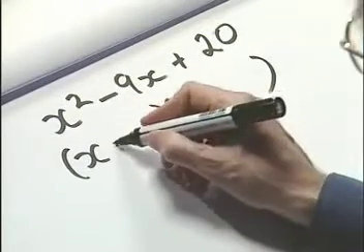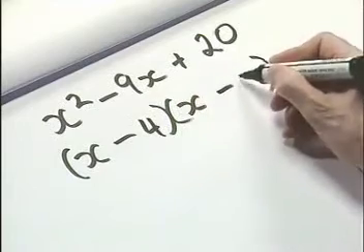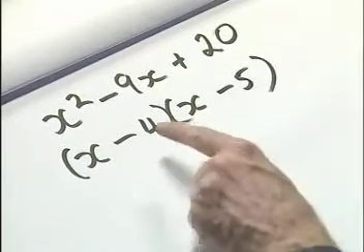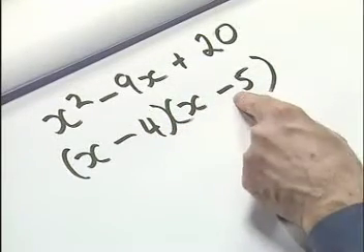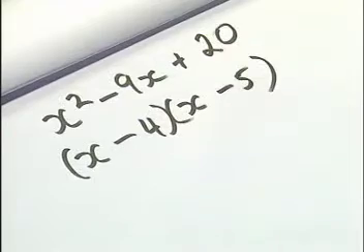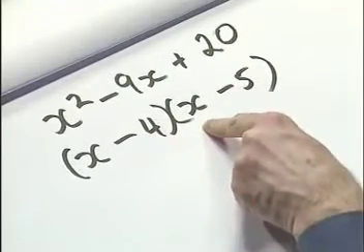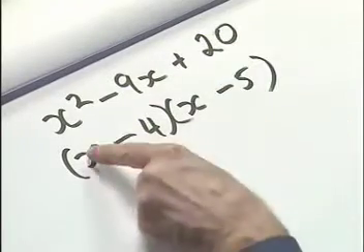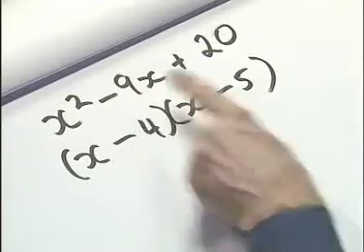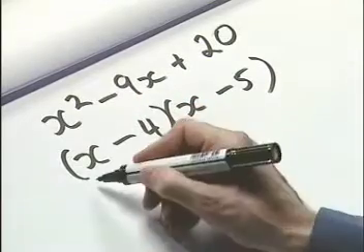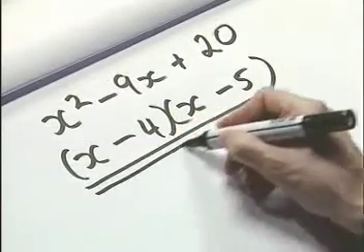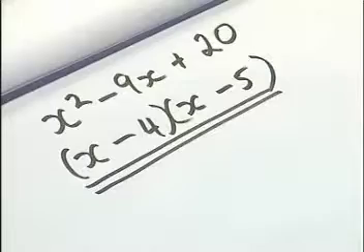So perhaps what I need is minus 4 and minus 5, because minus 4 times minus 5 is going to give me plus 20, and minus 4x minus 5x is going to give me minus 9x. So I've done that one by inspection, but I could have done it in exactly the same way as the other two.